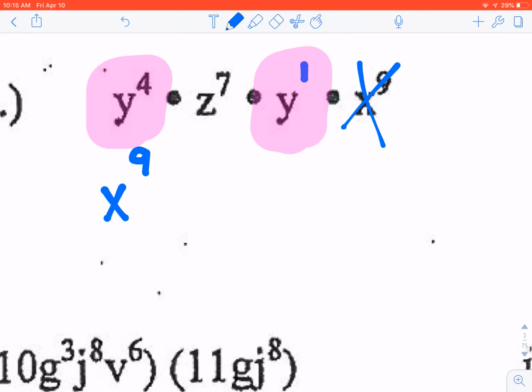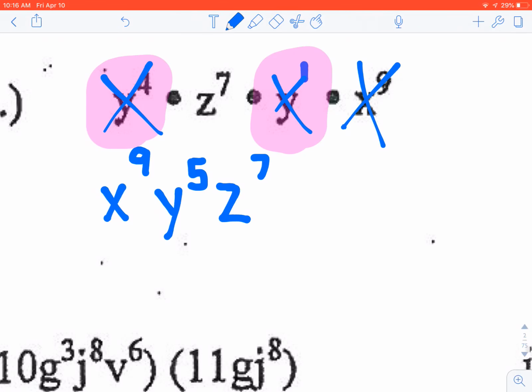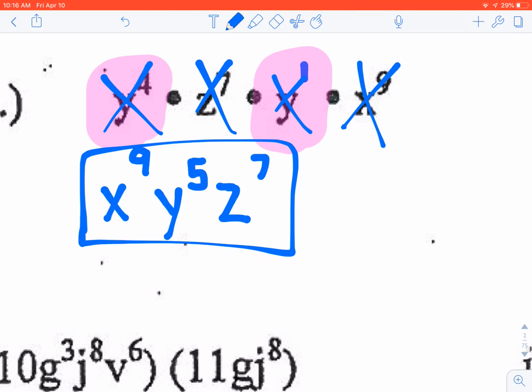Once you simplify something, I'm going to cross it off so we don't lose track. Let's take our y. You're multiplying same base. We're going to add the exponent. 4 plus 1 is 5. Okay, take our z and rewrite it. Okay, so x to the 9th, y to the 5th, z to the 7th.